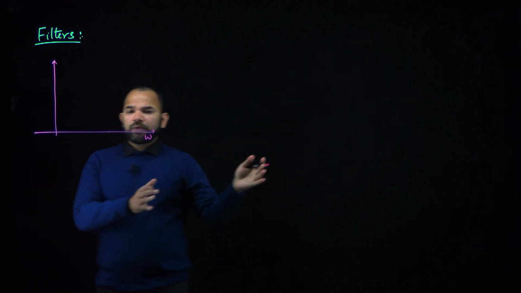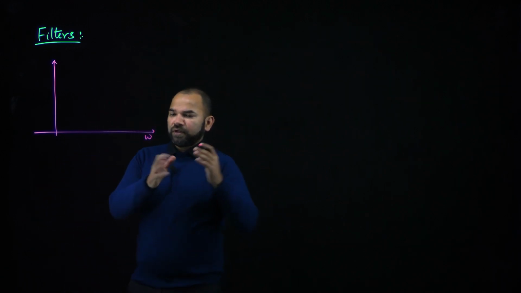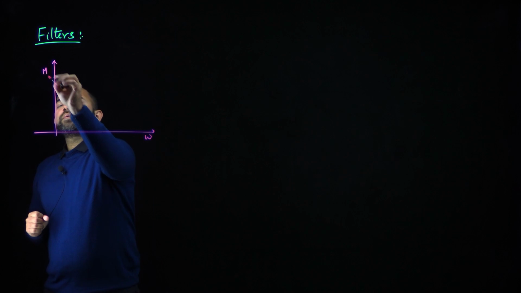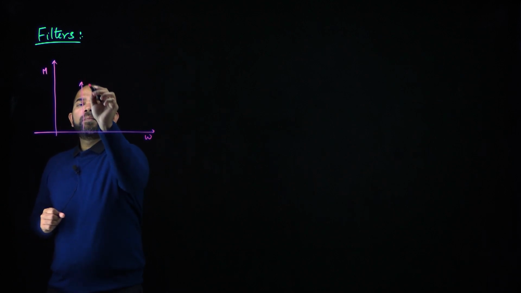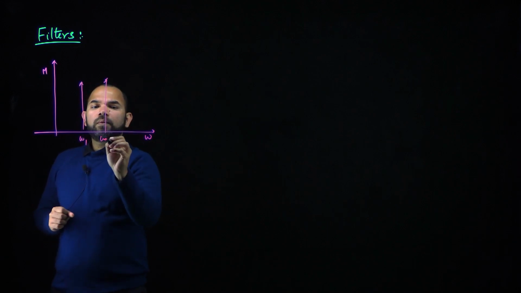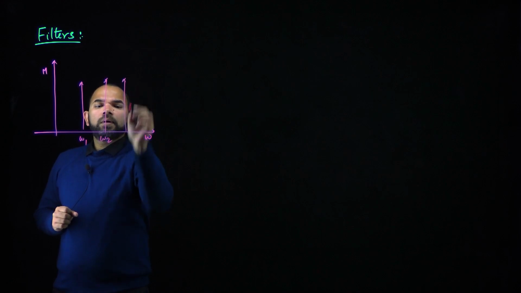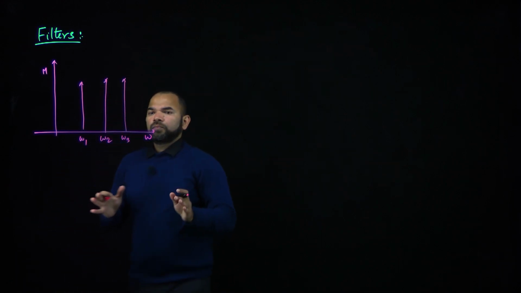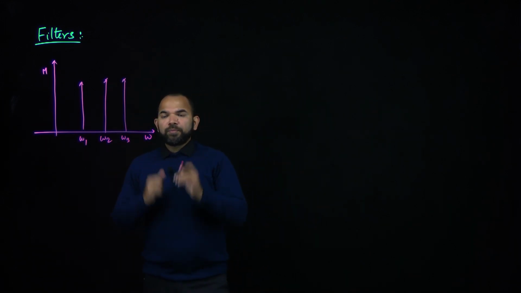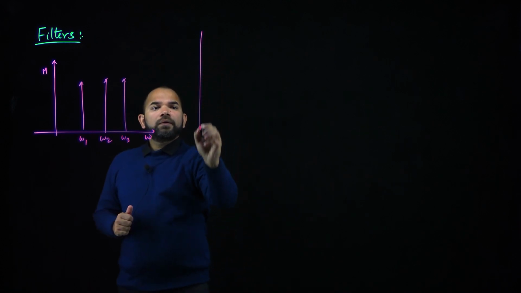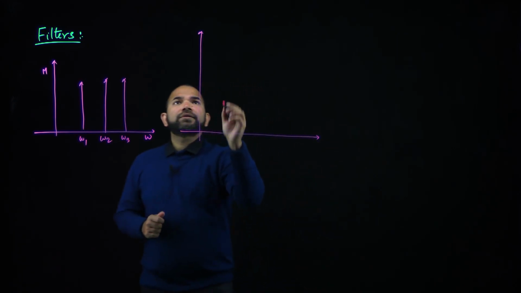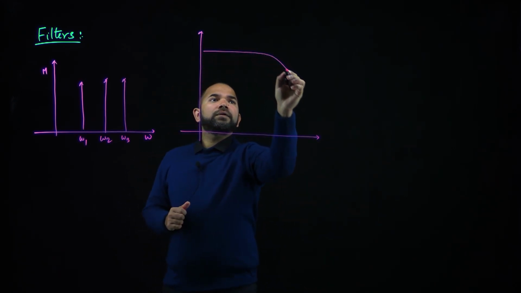Because we have defined our transfer function in terms of omega, let's talk in the omega domain. So this is, say, a magnitude, and you have multiple frequencies omega 1, omega 2 and omega 3. Consider this as your input, and here is your filter with a transfer function something like this.